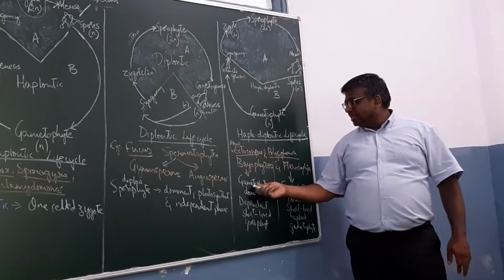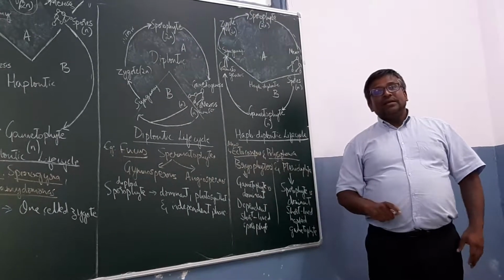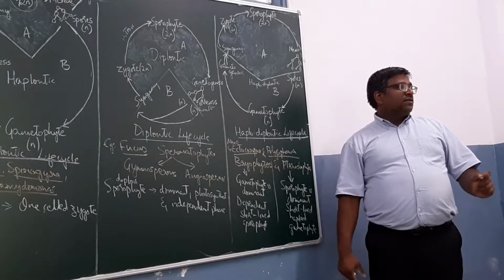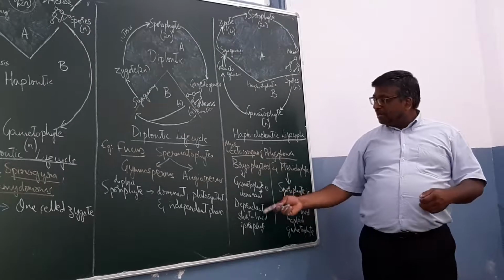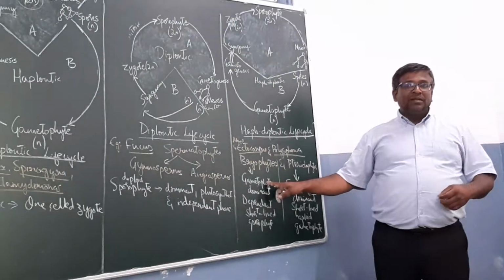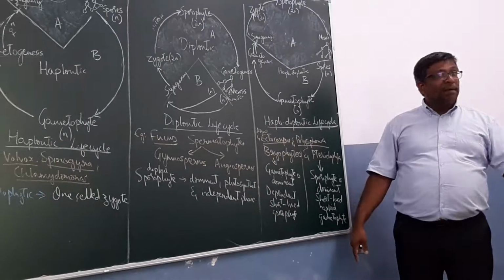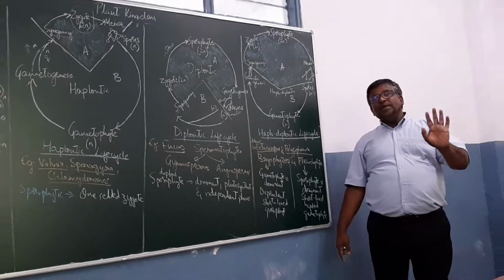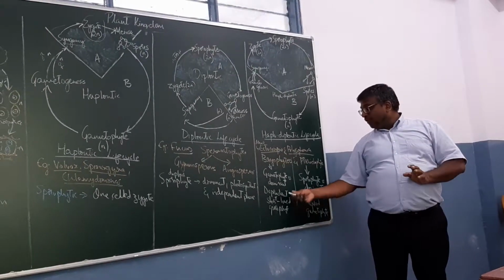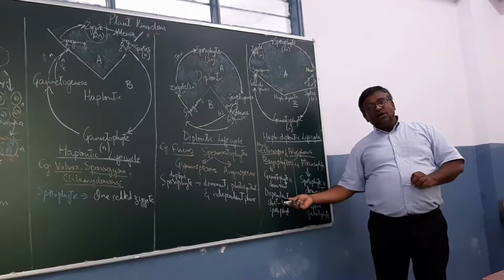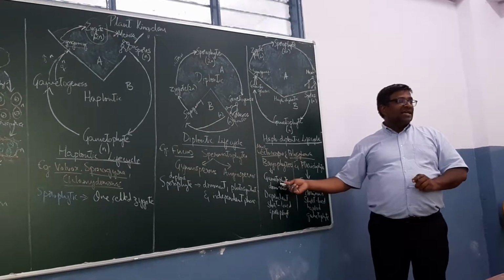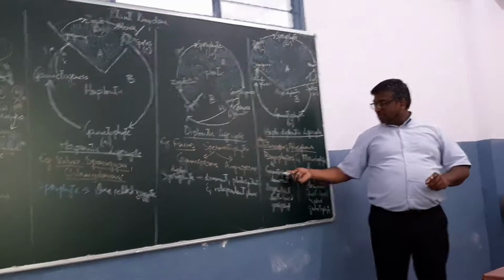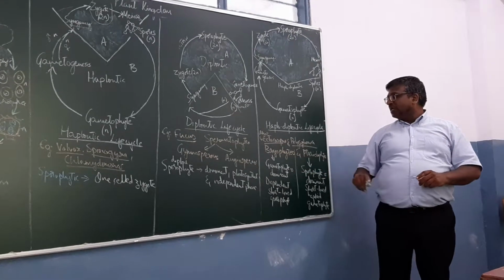You can notice that the gametophyte is dominant. A sporophyte which produces spores is dependent upon this gametophytic plant. They are partially dependent or completely dependent. It is not independent. Sporophyte is partially or completely dependent on gametophyte. So this is the alternation of generation in bryophytes.